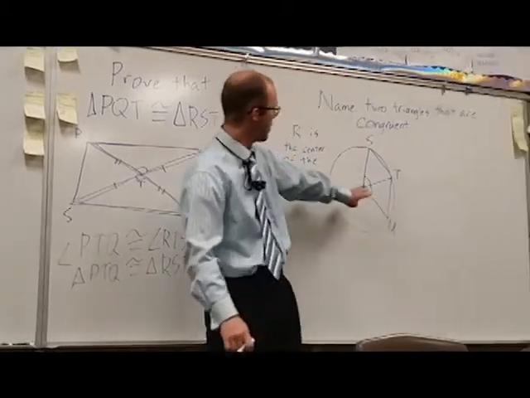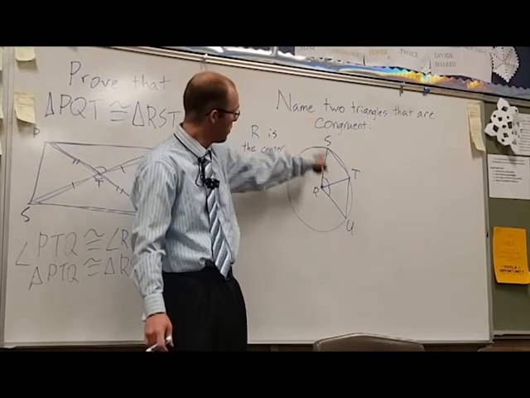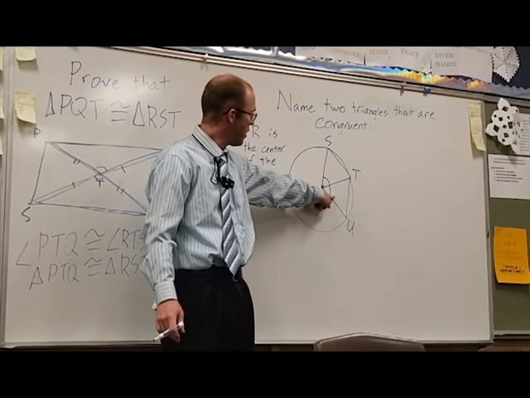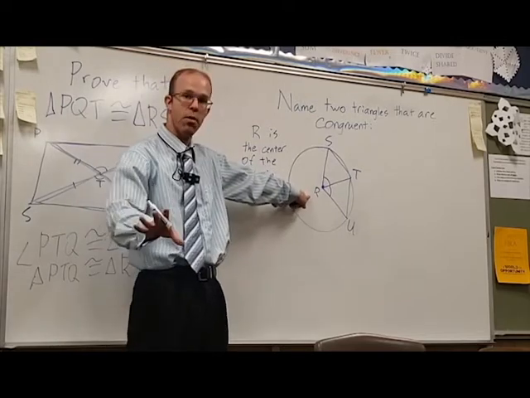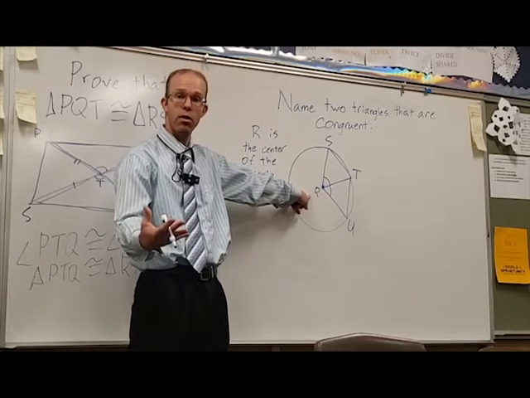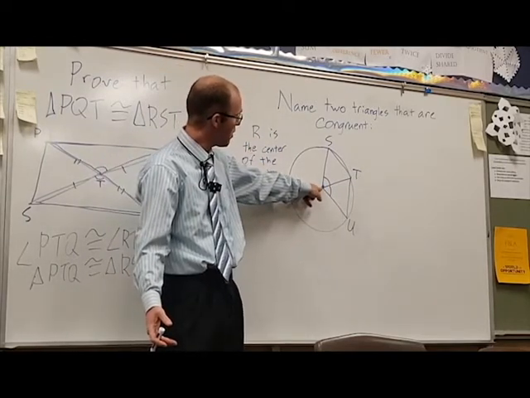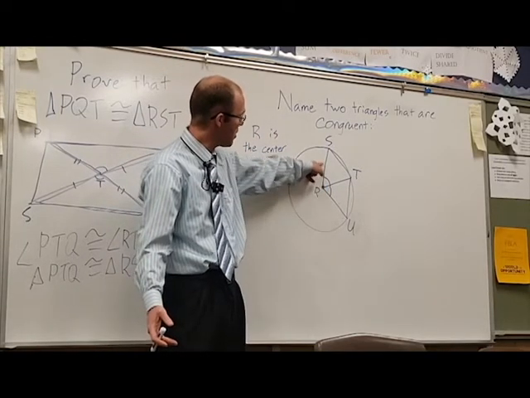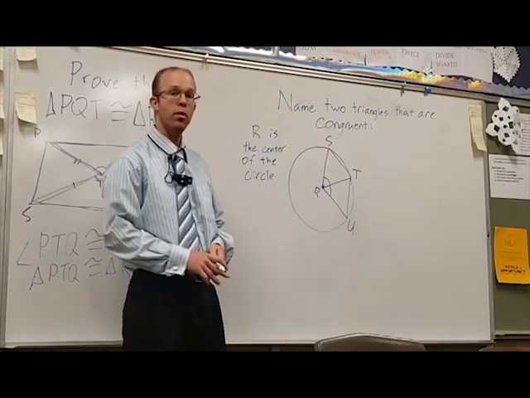Let's take a look at our last example right here. Our task is to name two triangles that are congruent. We can see these two triangles right here. And we are given that R is the center of this circle. Now that's important information because we need some congruent sides. If R is the center of the circle and we have some line segments going from the center to the edge of the circle, those line segments are all going to be congruent to each other.